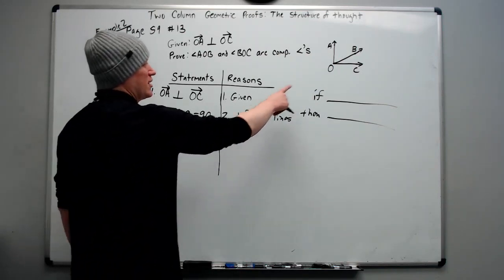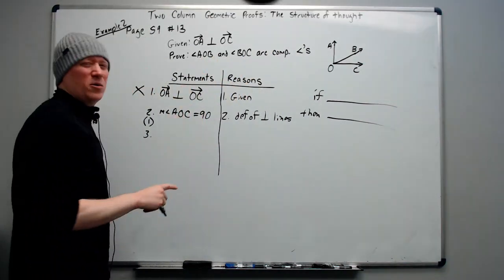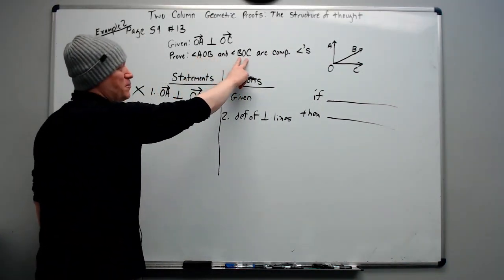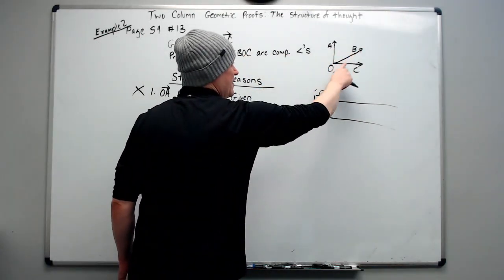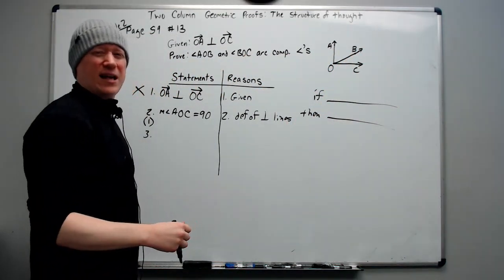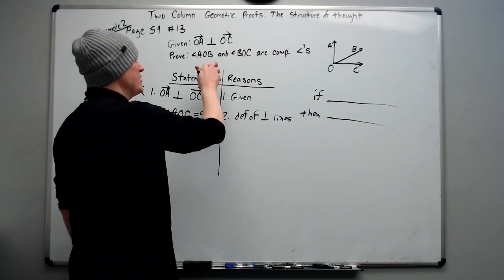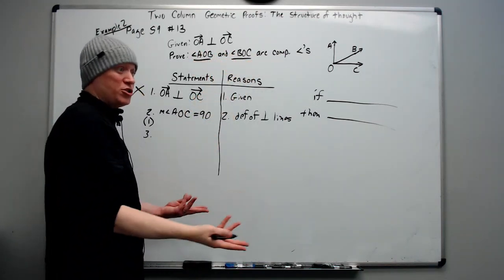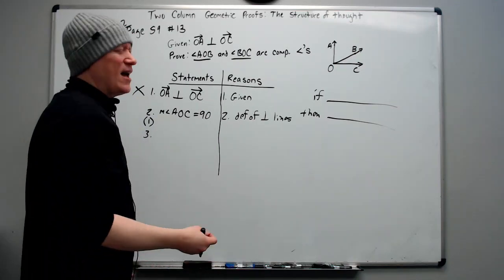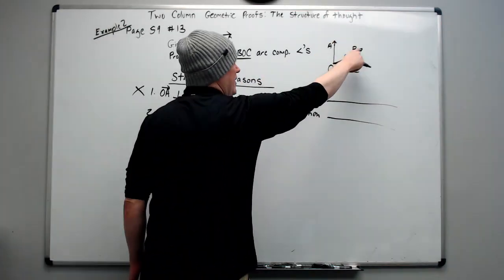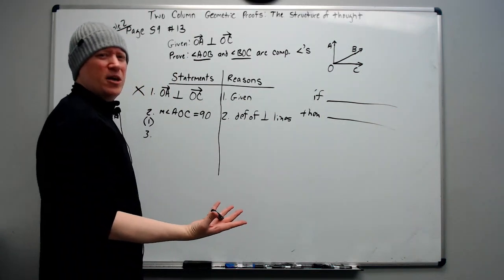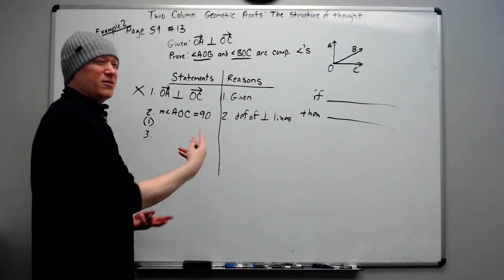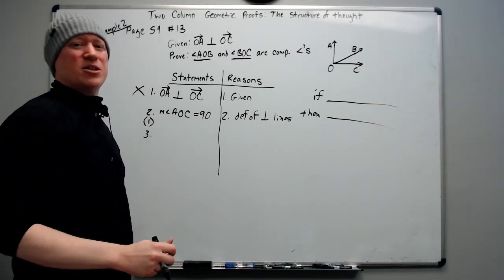So instead we should look at the picture and also look at what we're trying to prove. We're trying to prove that AOB and BOC, that's this angle and this angle, are complementary angles. Well, if you want to have these things proved, then you should introduce them to the proof at some point. How are we going to introduce AOB and BOC to the proof when the only thing we've talked about so far is AOC? That leads us to think about the angle addition postulate.